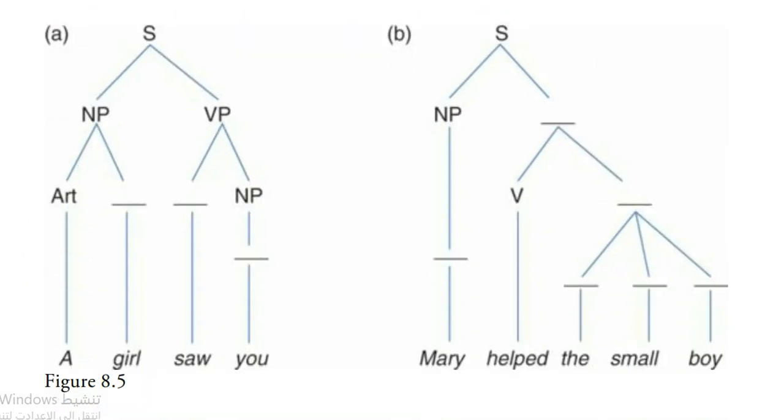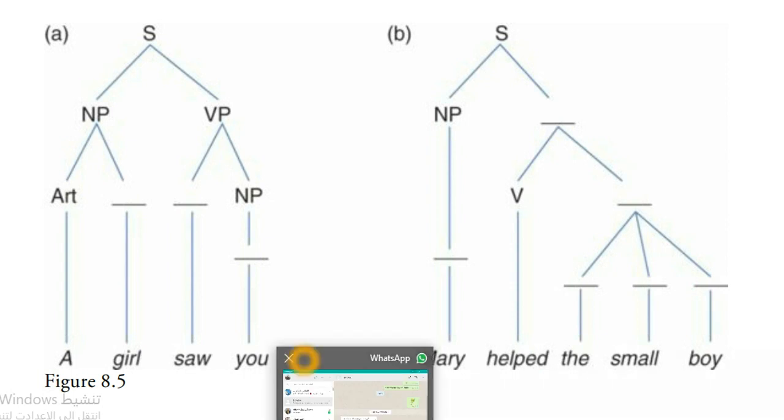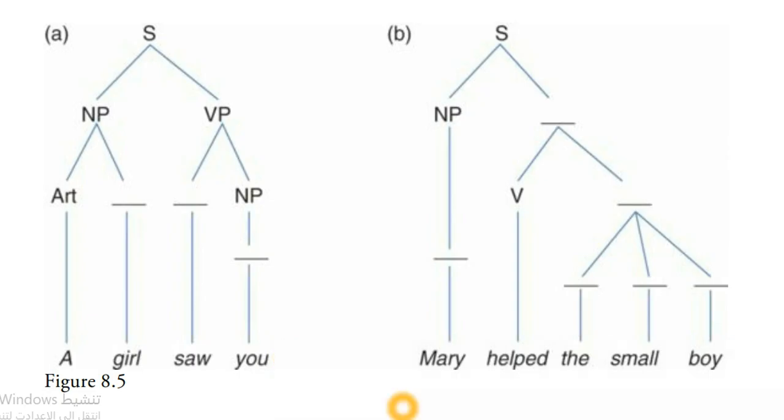Another point we need to understand is the tree diagram again. So this is a question about how we can put in the missing words.